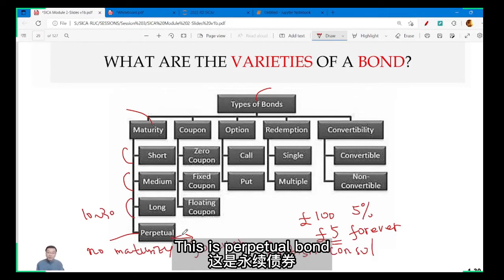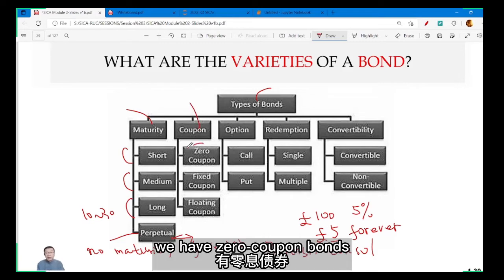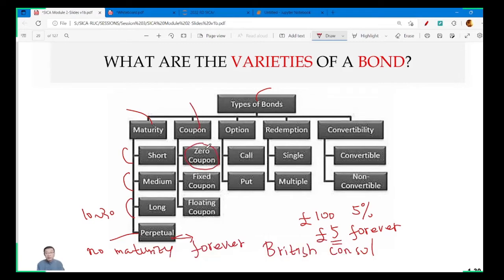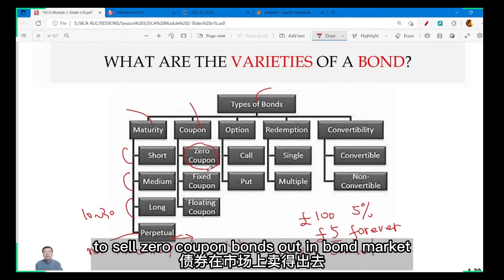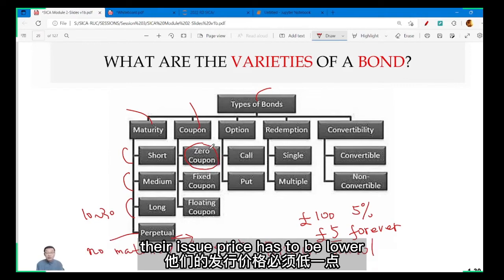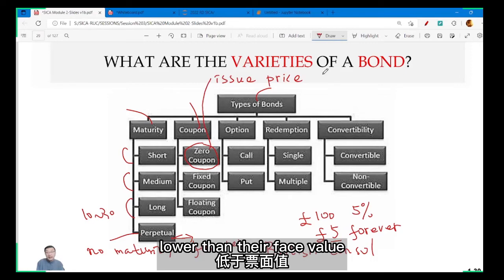This is perpetual bonds. And from the coupon perspective, we have zero coupon bonds. For zero coupon bonds, in order for the bond issuer to sell them in the bond market, their issue price has to be lower than their face value.